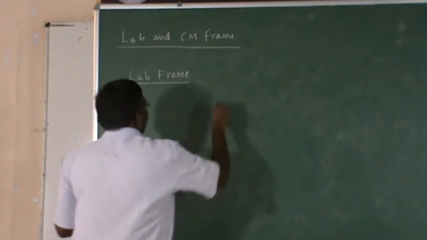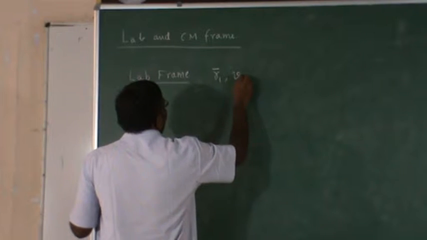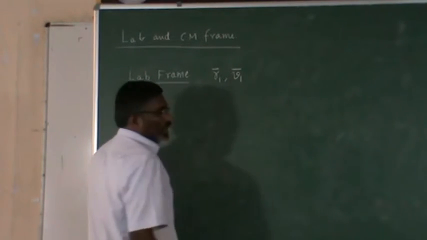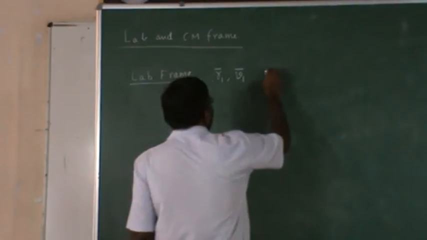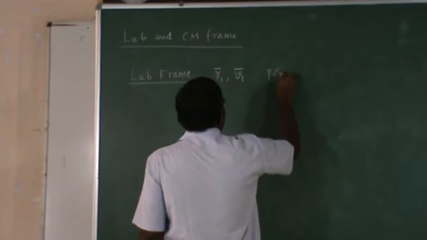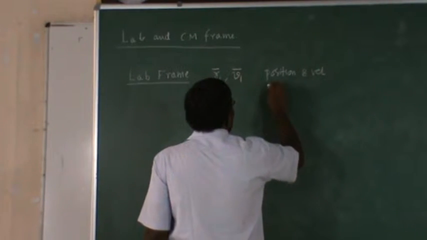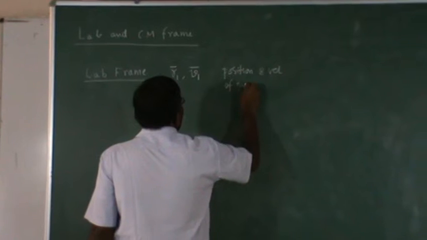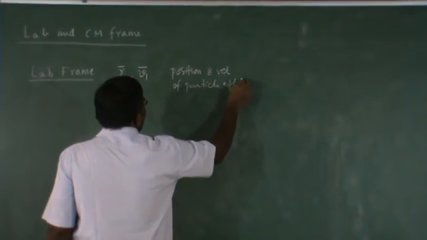In the lab frame, let us define R1 and V1 as the position and velocity of the particle after collision.